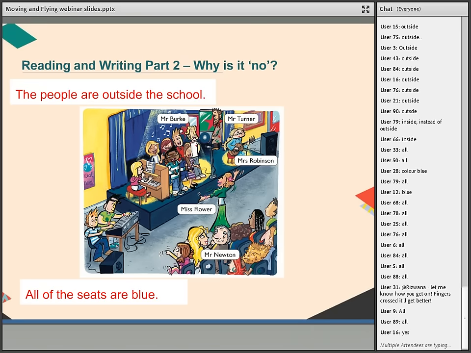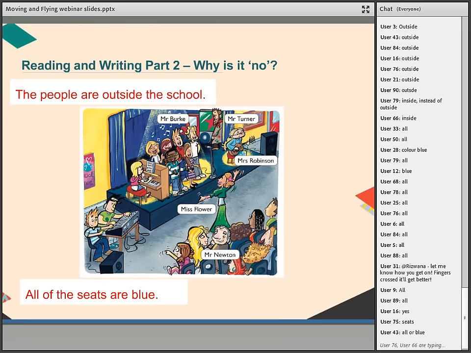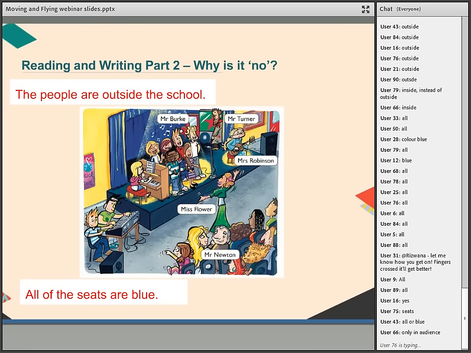All of the seats are blue is not correct because we can see at least, well, we can see two red seats under the guitar player and the piano player. So the word all in this sentence makes it a no sentence. Okay, so this is important training for our students.